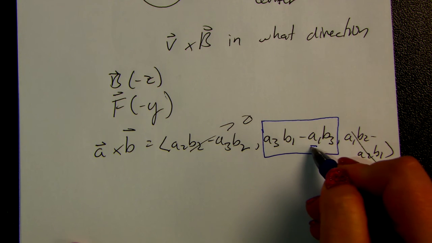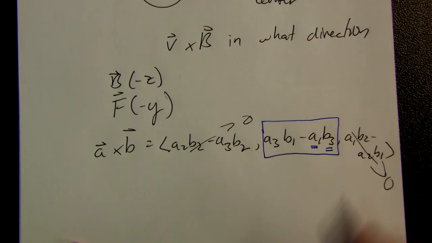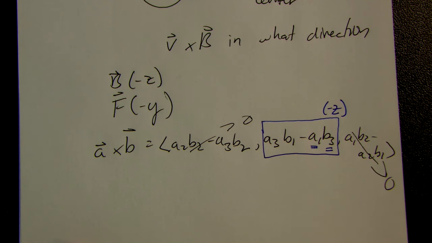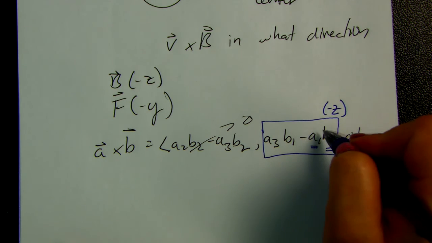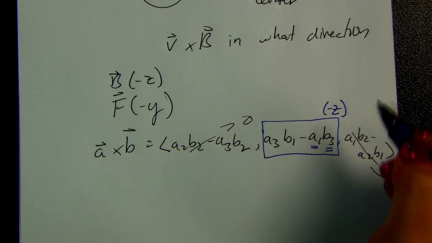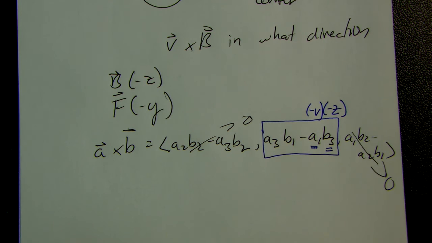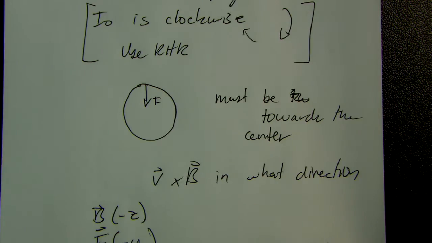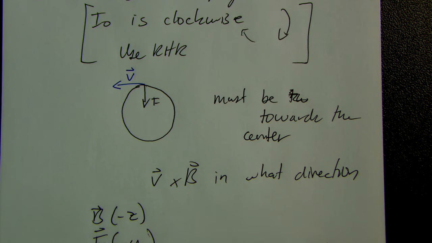We want the X component of velocity and the Z component of B. We know we've got a negative Z because it's into the page. So in order for this to be negative, A1, which is our X component, velocity, must also be negative. That would get us that negative Y that we've already determined must be there. That's how I think about it. There's more than one right way to approach this.